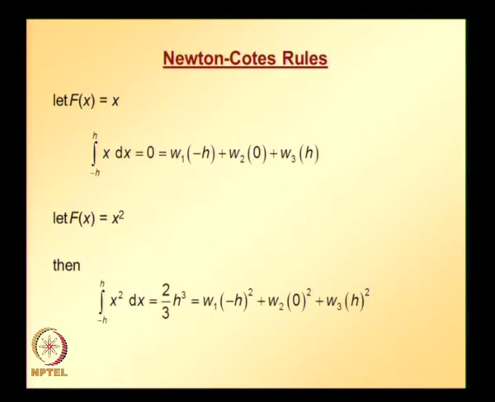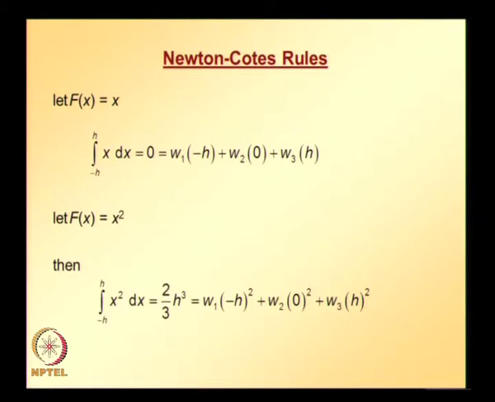Now let us get another equation by letting fx be x square, and that results in the second equation shown, the integral from minus h to h of x square dx. X square is an even function and we are integrating over a symmetrical domain.